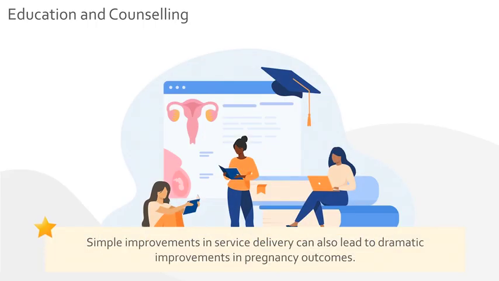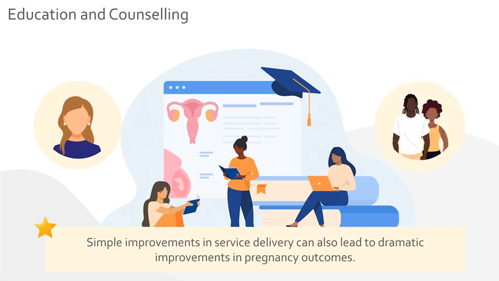Simple improvements in service delivery can also lead to dramatic improvements in pregnancy outcomes. For example, in terms of education and counseling, women of reproductive age should be educated about the importance of early antenatal care and STI prevention and screening. Couples should also be counseled during pregnancy on STI symptoms and about safer sex during pregnancy.